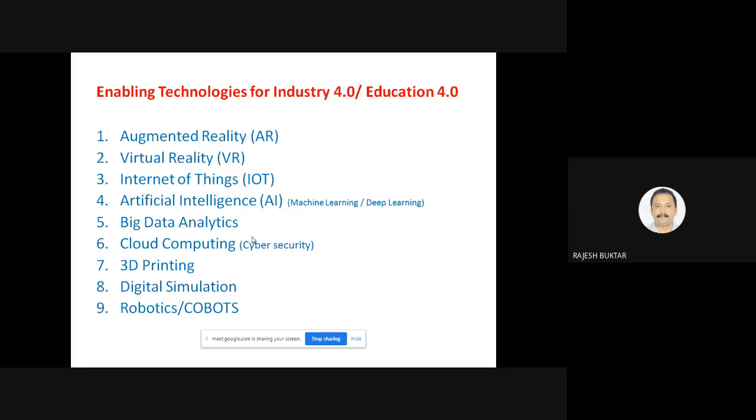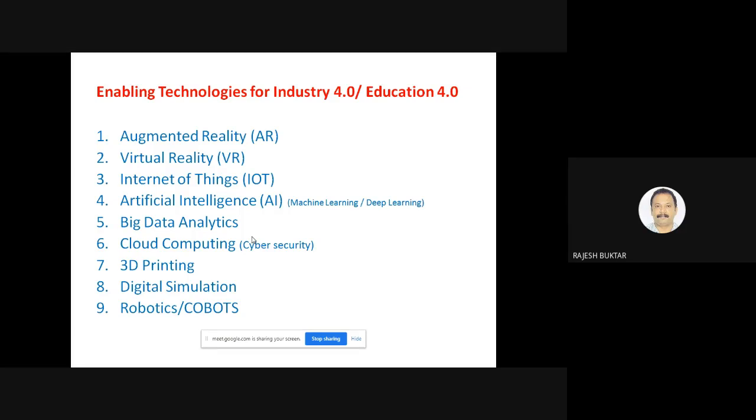So we have seen the listing of these 9 technologies, that these technologies we already know, they are there in place. Still we have to revisit these technologies, and the fourth industrial revolution is pinpointing that you have to revisit these technologies. And why we have to revisit these technologies, the reason behind that we need to understand.